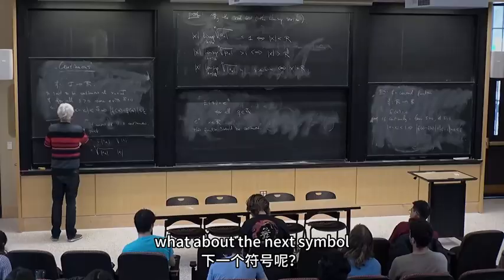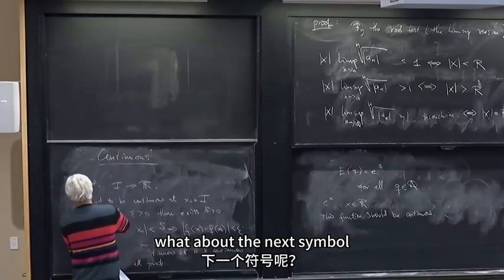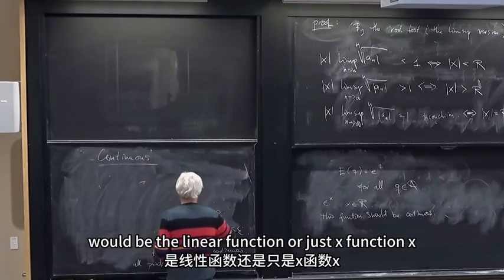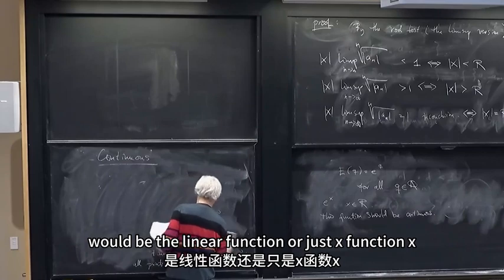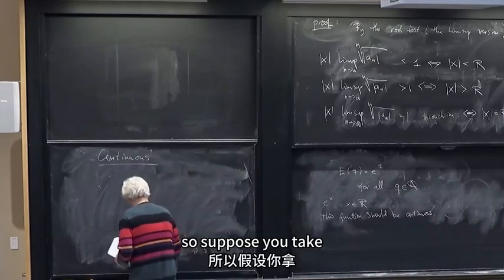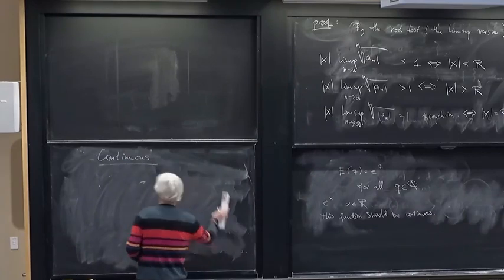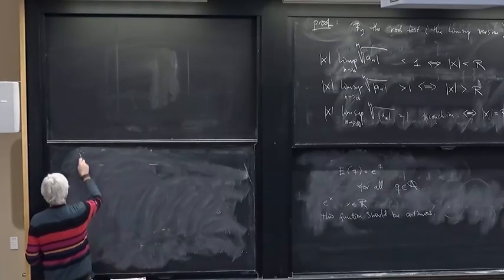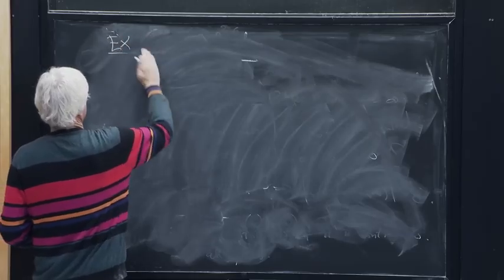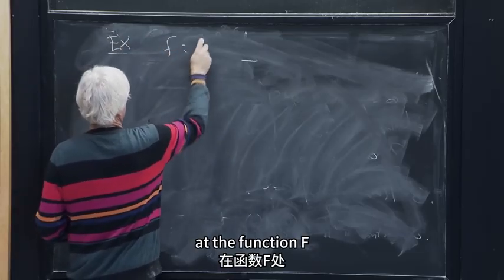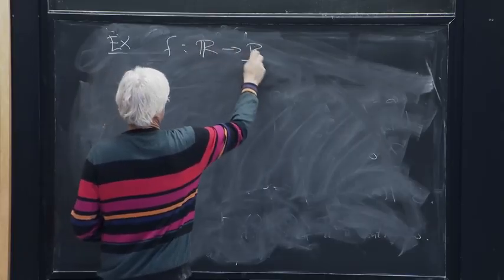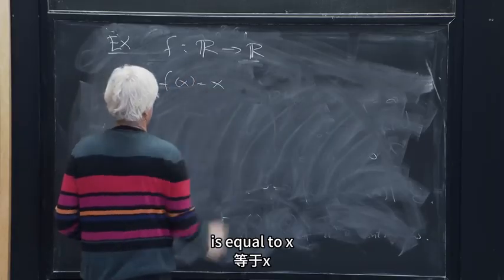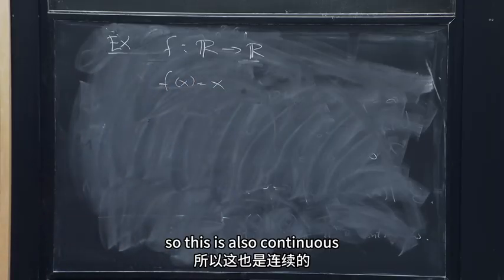What about the next simplest function, which would be the linear function, just the function x. So suppose you're looking at the function f on R to R, where f of x is equal to x. So this is also continuous.